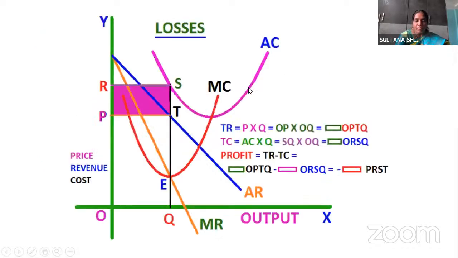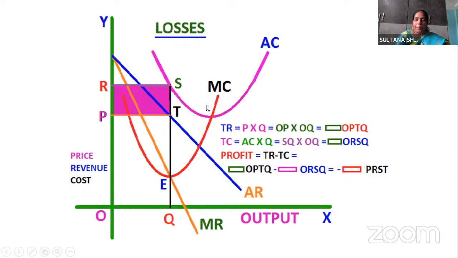Here you can observe this is the AR, this is the AC. AC is higher than average revenue. How much loss is the firm getting? Again the area RSPT indicates the losses of the firm.